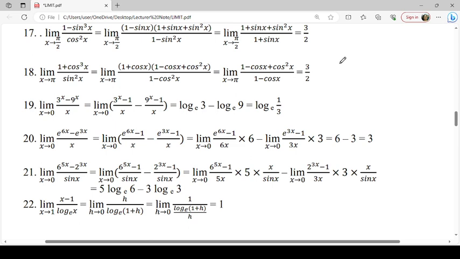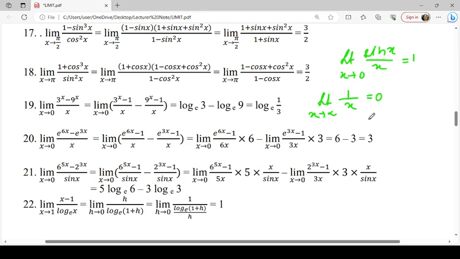So one is the limit of sin x by x, which we have deduced. This is 1. Then one result is the limit of 1 by x as x tends to infinity, this is 0.